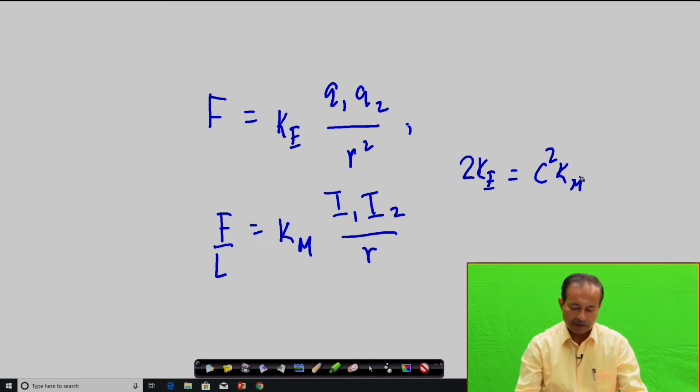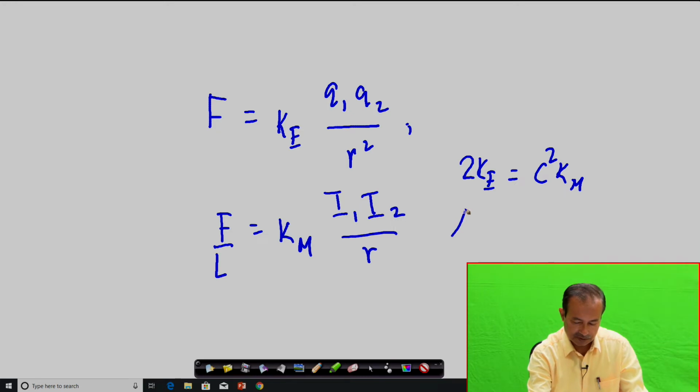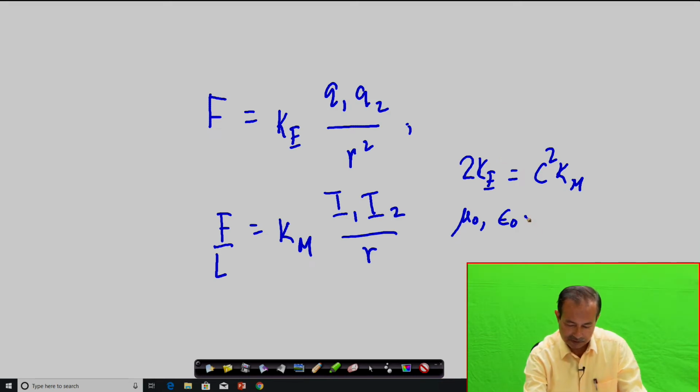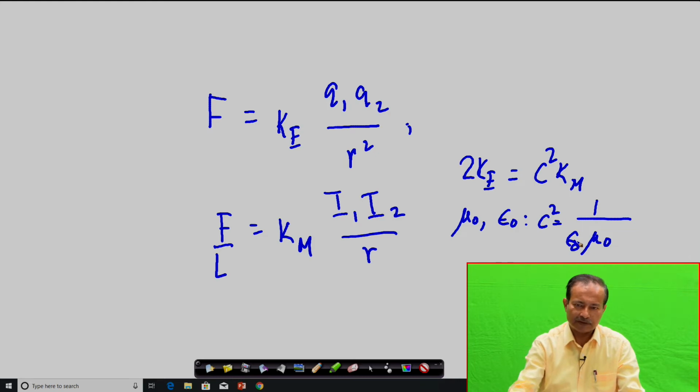And there are these quantities called mu naught and epsilon naught, permeability and permittivity of free space, which are related to C square by C square equal to 1 by mu naught epsilon naught. So, all these things relate these two unit systems.